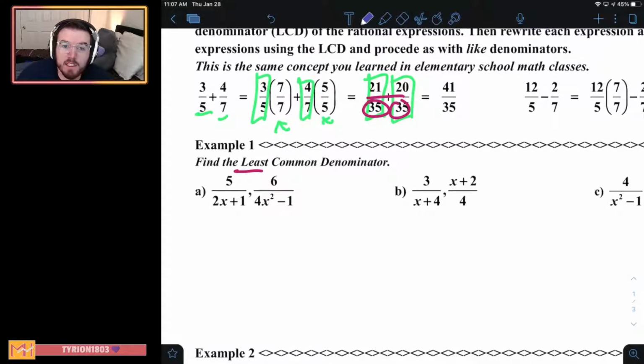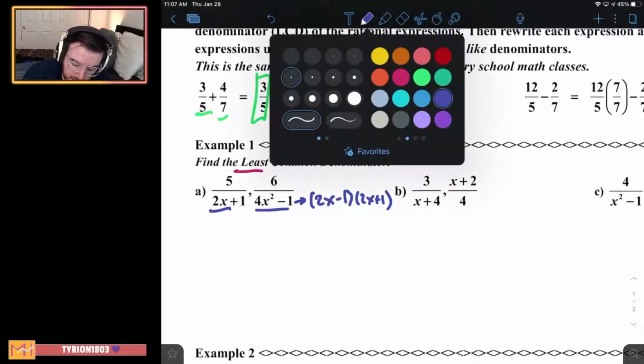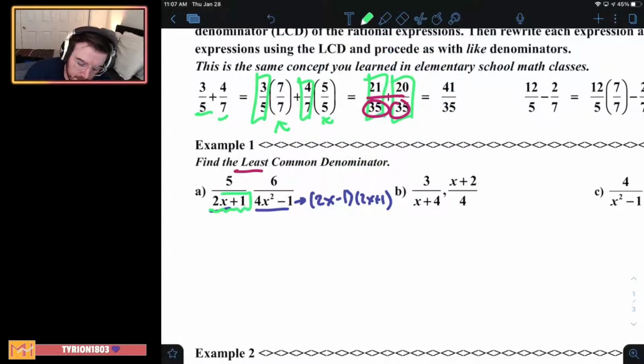Well, it all comes down to the factors, right? These are not the same denominator. If we factor this up, though, this factors into 2x minus 1, 2x plus 1. Well, we can see here that they have a little bit in common, but they're not entirely the same.